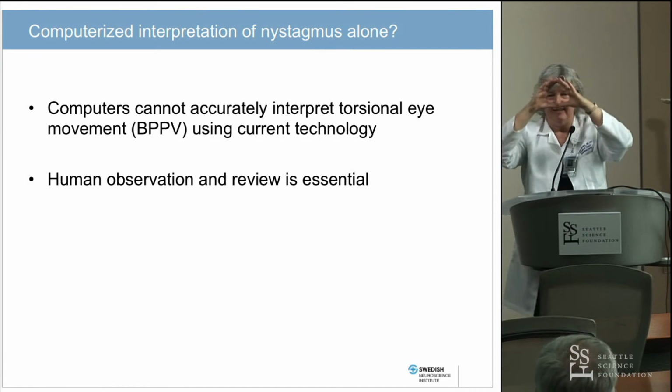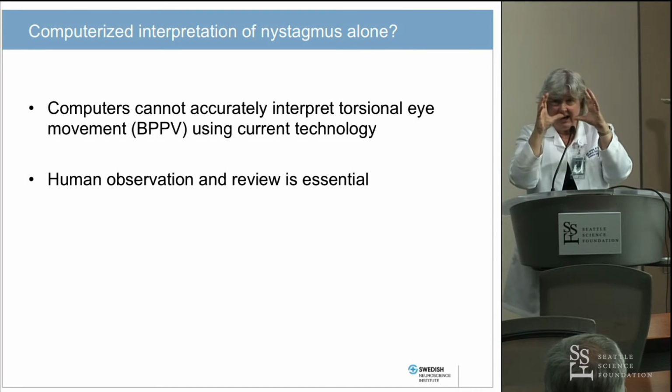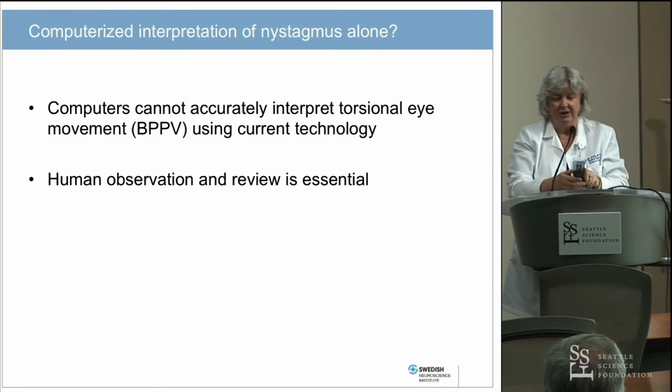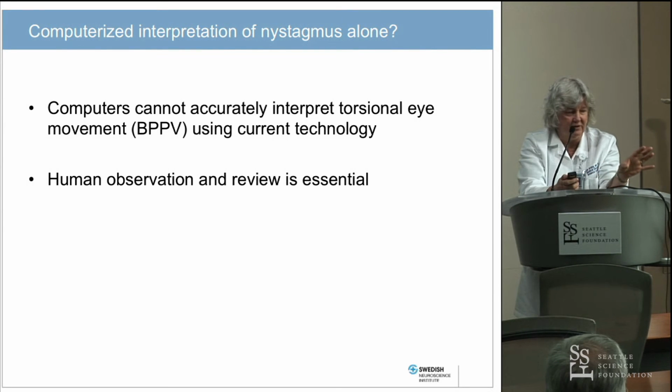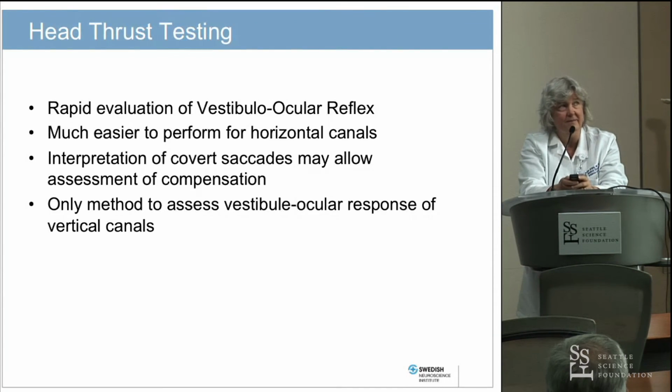So you actually have to look at the screen, look at the eyes, and see if there's torsion. So that's important when you have your vestibular lab and you're working with technicians to really emphasize to them not to just look at the computer, but to look at the patient's eyes, because they're much better at torsion than any current reasonably priced computer system.